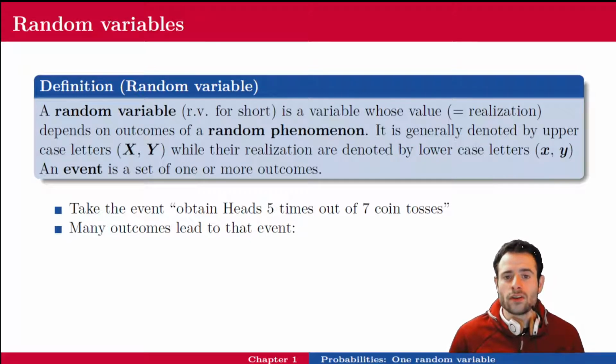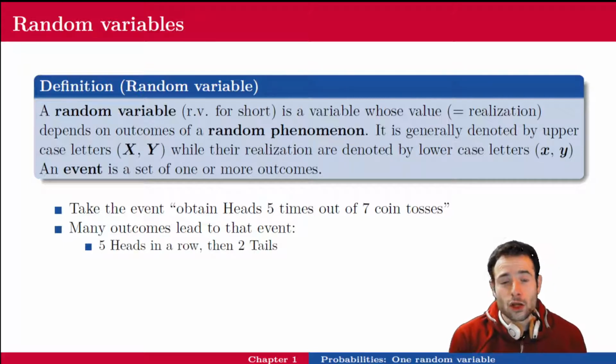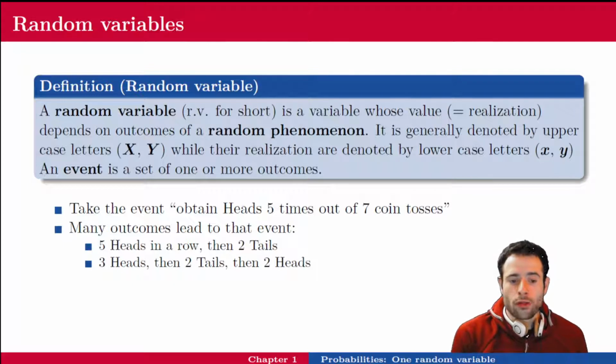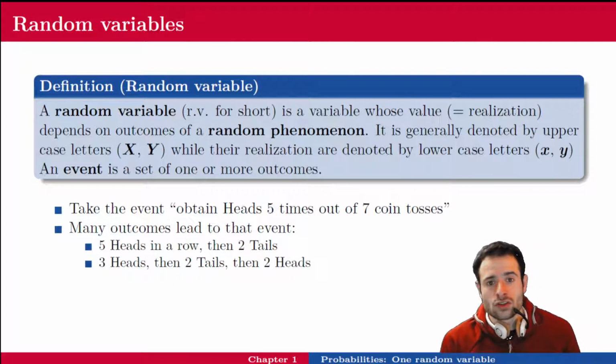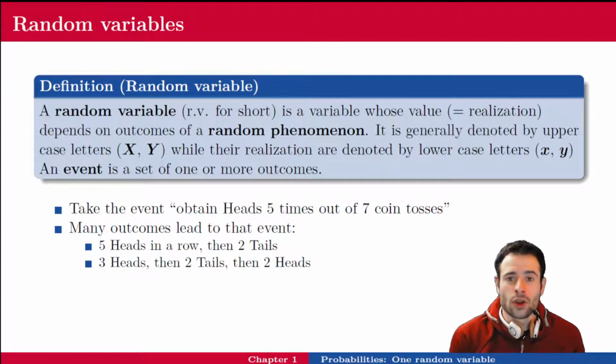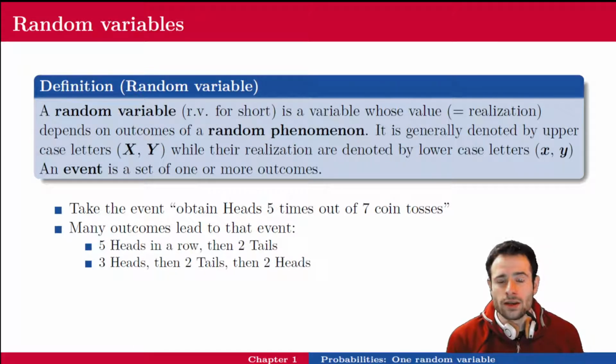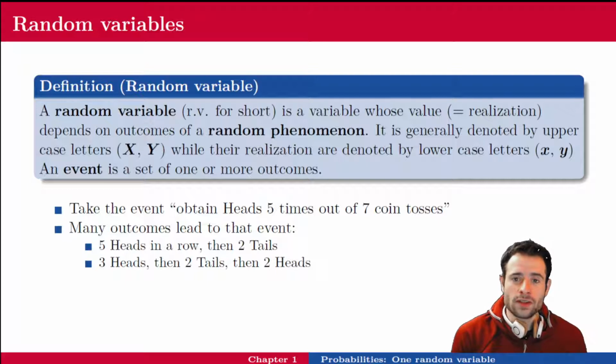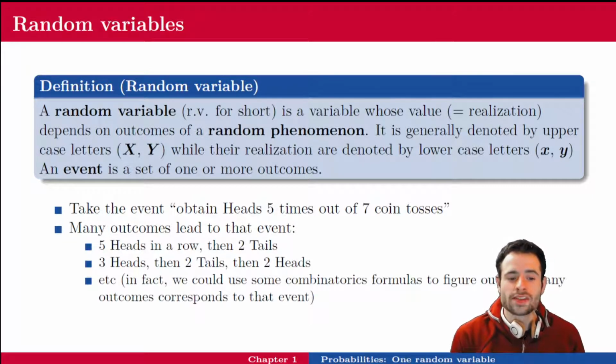But there are different outcomes that can lead to that same count at the end of the day. For instance, you could do 5 heads in a row and then 2 tails. This is one possible outcome. Or you could do 3 heads, then 2 tails, then 2 heads. And if you sum up the number of heads, again, it's equal to 5. These are two different outcomes leading to the same event.